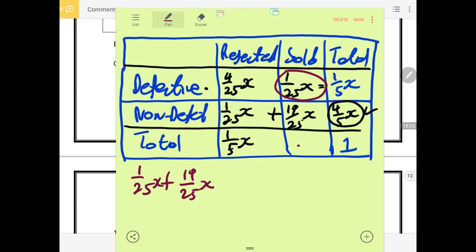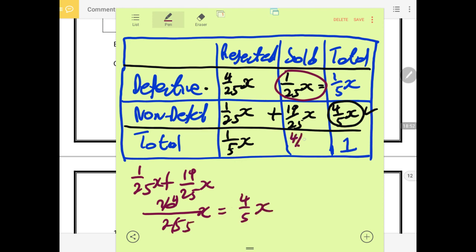It has to give us the total of those that are sold defective and those that are sold and were non-defective. So now it will be again 25 and 25 will give us 1 base of 25. 19 plus 1 will give us 20, and 5 goes into 20 4 times, into 25 5 times. You can see that it is 4 over 5x.